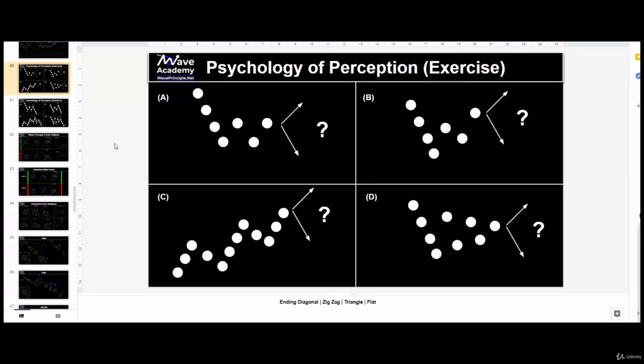So to finish this video, let's do an exercise here. As you can see in the wave A, you are looking at a movement, and this movement has an impulsive movement, and then you have the first counter-trend movement. I want you to think about what this can be for a moment, if it's going up or if it's going down.